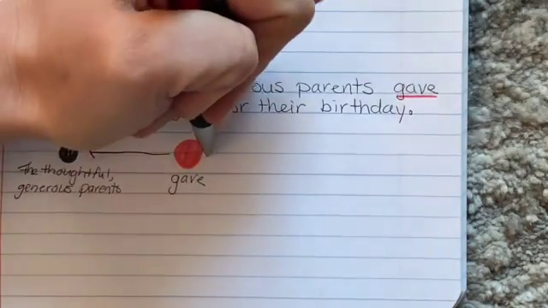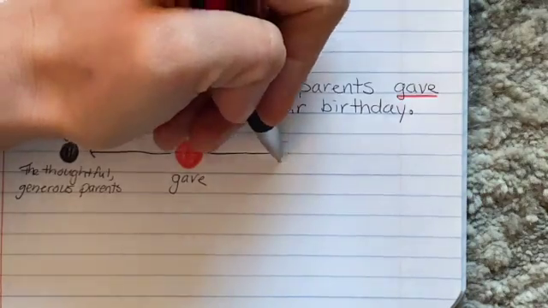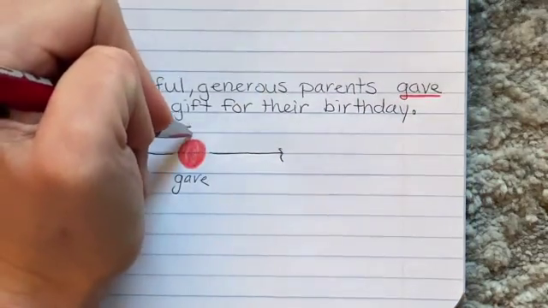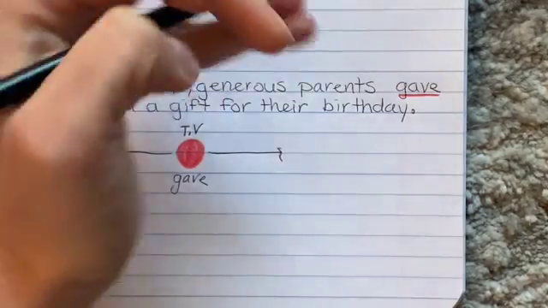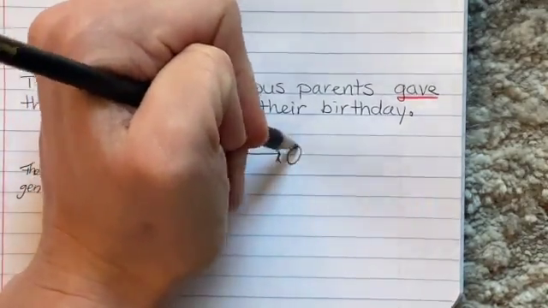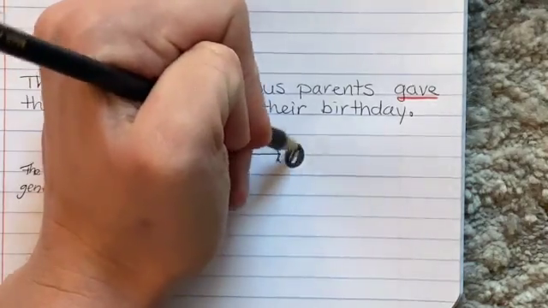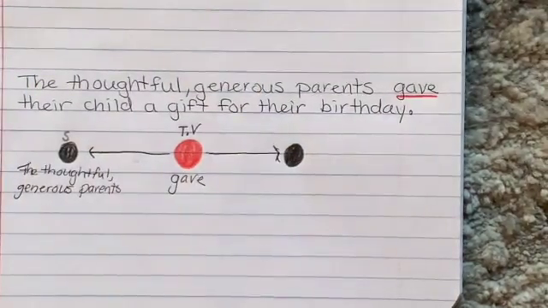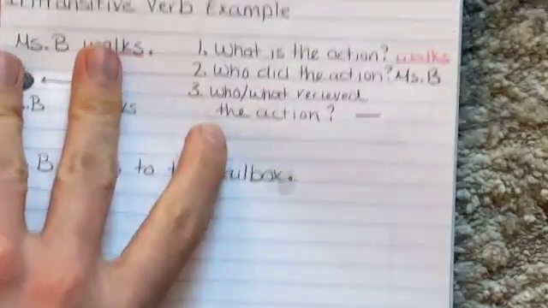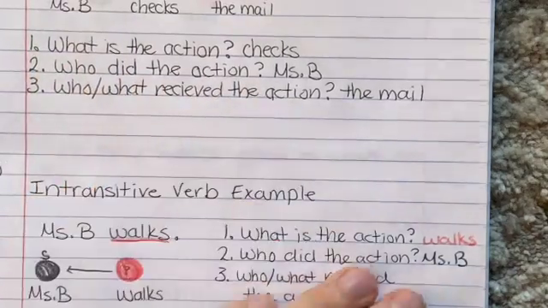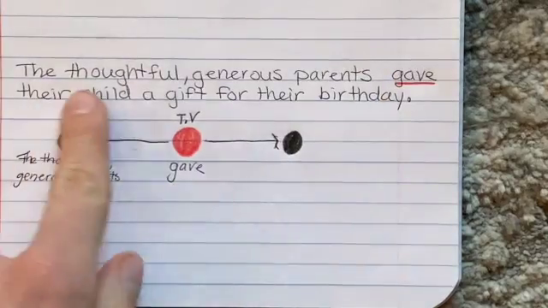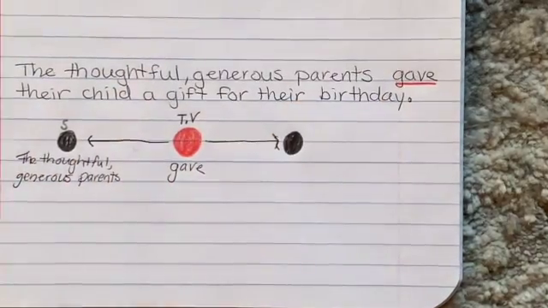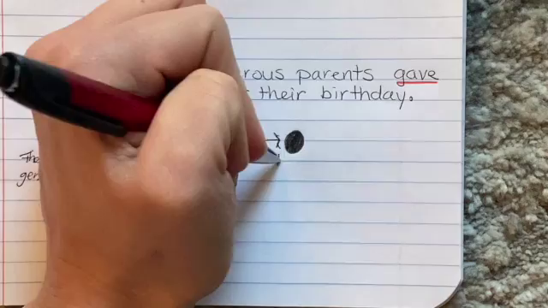So this one is a transitive verb because it needs a direct object to answer the question, who or what received the action? Who or what received gave their child a gift for their birthday? I'm just going to shorten it to say their child.